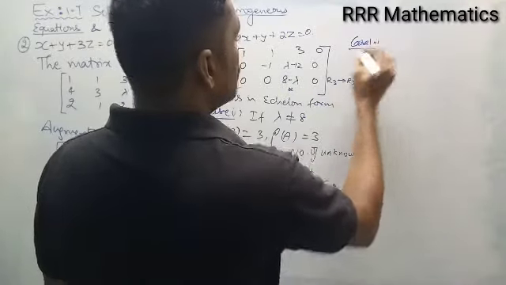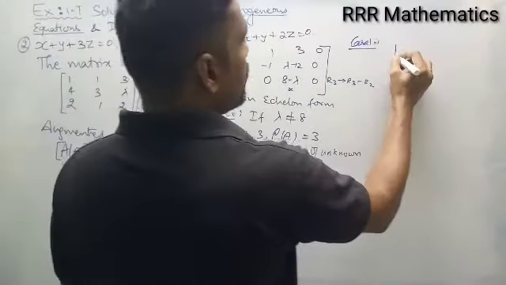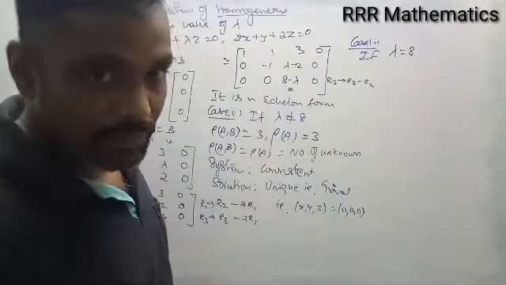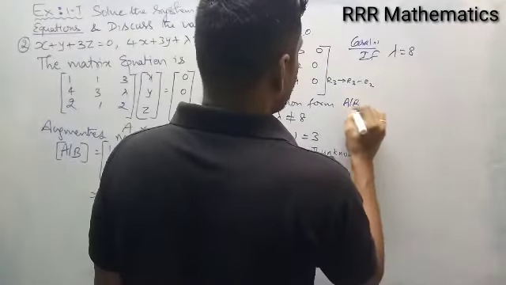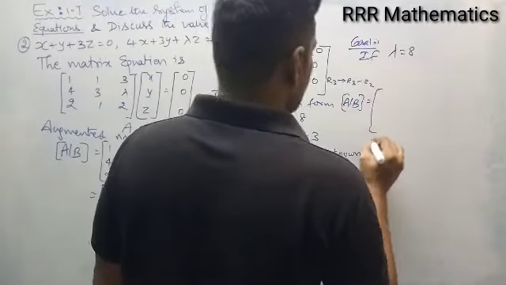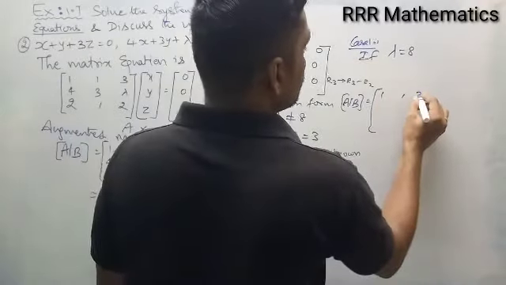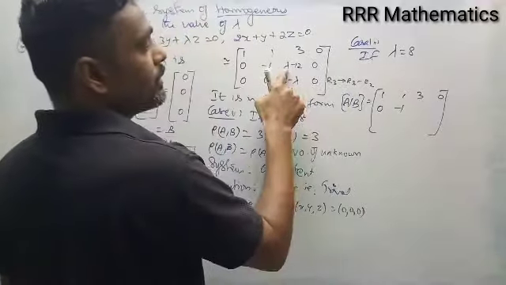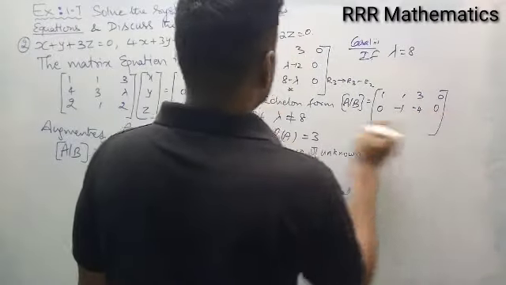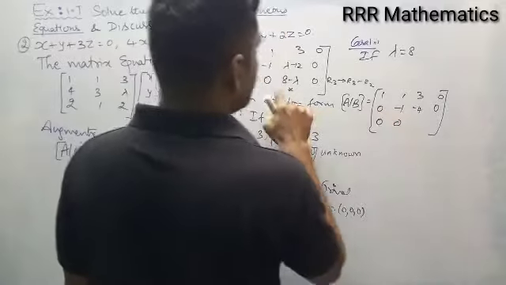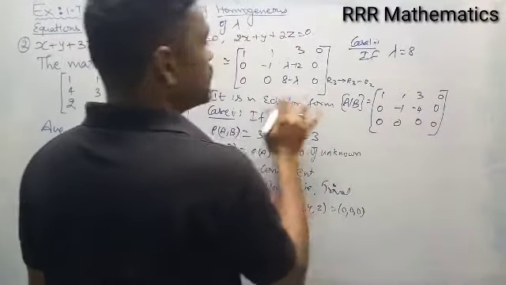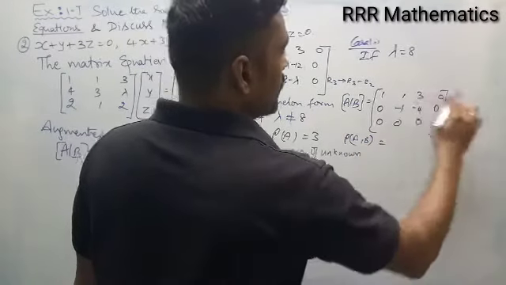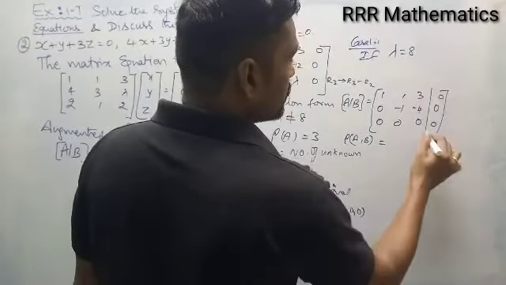Case 2: when lambda equals 8. Lambda is a particular value in this case, so I can show the matrix A comma B: 1, 1, 3, 0; 0, minus 1, minus 4, 0; 0, 0, 0, 0. Lambda is 8, so 8 minus 8 is 0, and this is 0. So in this case the rank of A comma B is 2, and the rank of A is also 2.